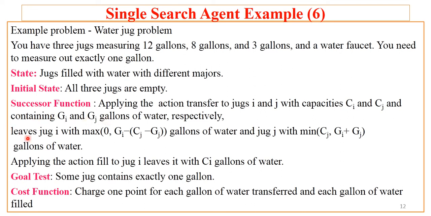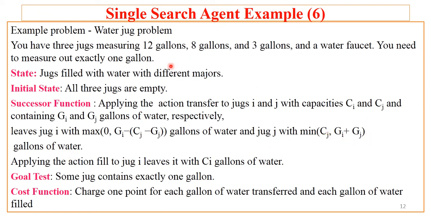Now here, suppose I want to transfer water from jug I to jug J. So jug I will be having max of 0 comma Gi minus Cj minus Gj gallons of water, and jug J will be minimum of Cj comma Gi plus Gj gallons of water.